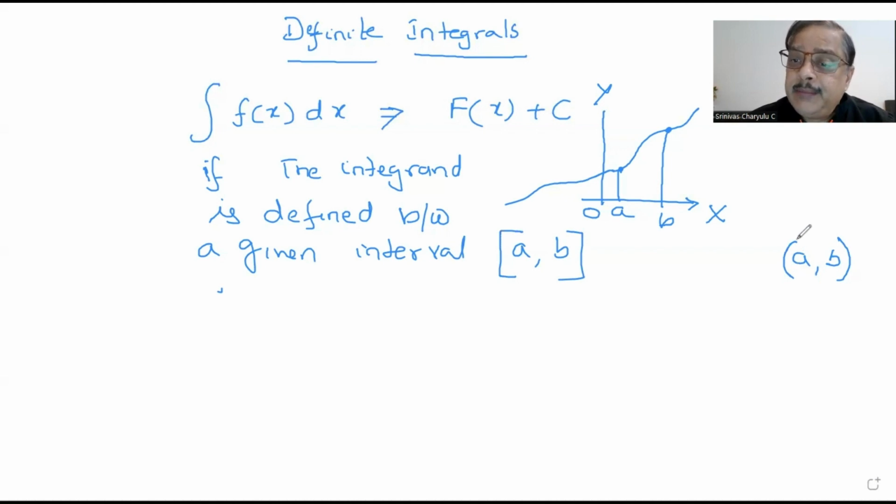If the brackets are small brackets, your function will take values only between a and b, not a and b. It will not include a and b. Whereas if you give a square bracket, that means a and b are also included in the function. So right now I have given this bracket. So my function will have a as the lower boundary, lower limit, b as the upper boundary or upper limit. So like this it will come.